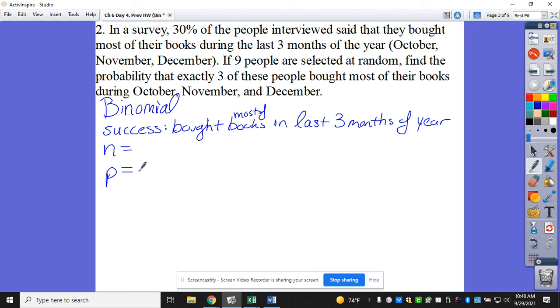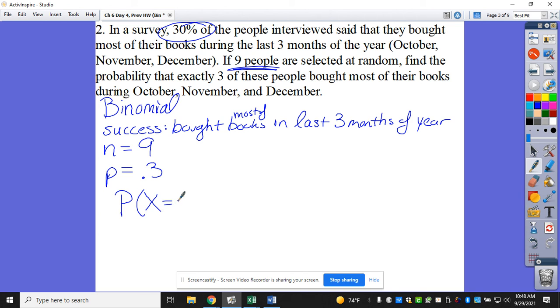So how many am I going to check for success or not? What is my probability of success? And now, what am I actually finding the probability of?